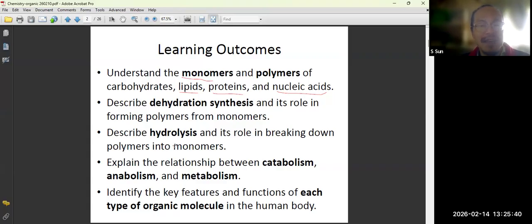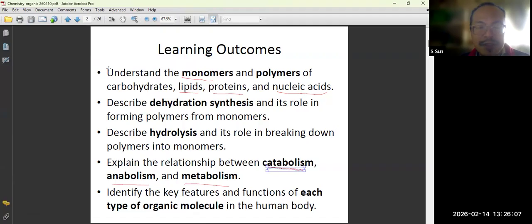Forming a polymer or building a polymer is an anabolism. Breaking it down is a catabolism. Breaking down like eating or digesting, catabolism. All together is called metabolism. So that's everything.